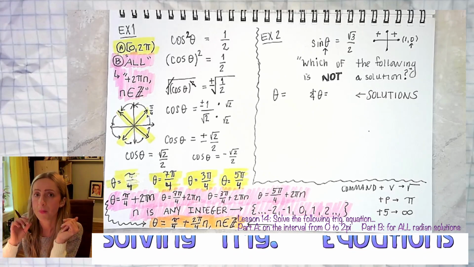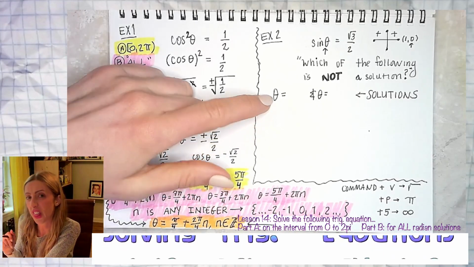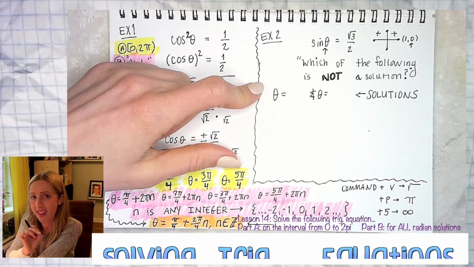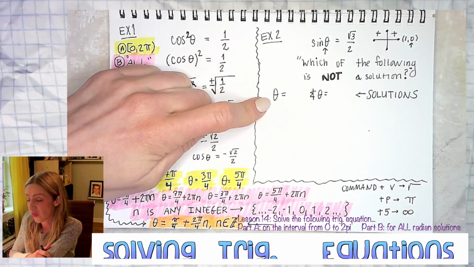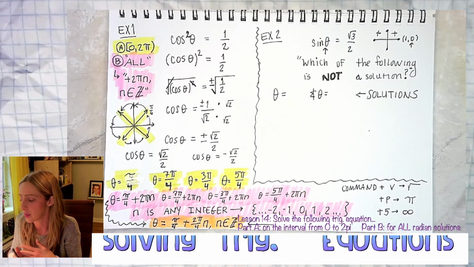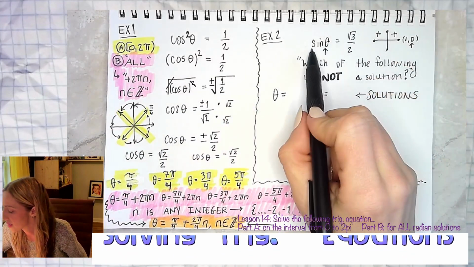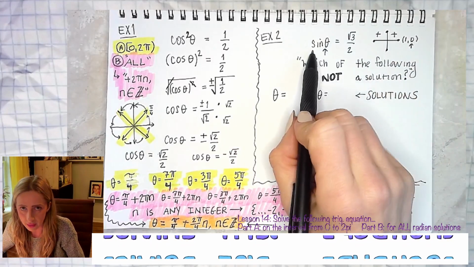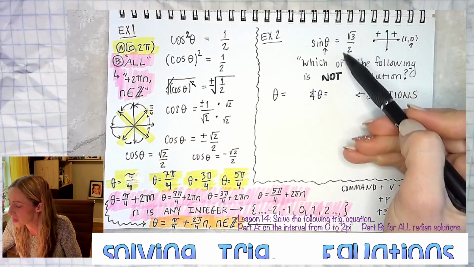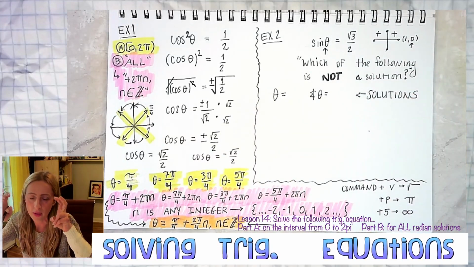Whenever we solve for theta in trig, we use theta to represent an unknown angle. So when we're trying to figure out theta, I want to know what angle, but we're not using degrees, we use radians. What angle has the sine or y value at the ordered pair in the unit circle of √3/2? So this represents your opposite over hypotenuse ratio.